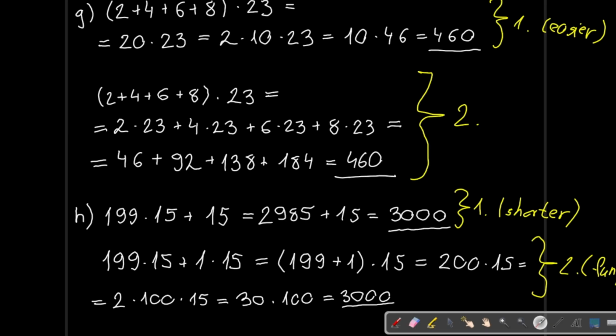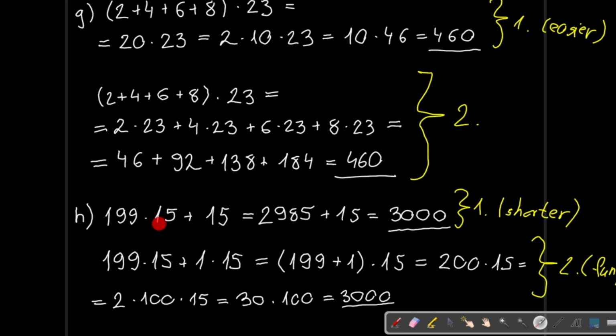But yeah, using the distribution rule here, we got a very simple expression under the bracket that gave us 200, and multiplying 200 by 15 was much easier than multiplying 199 by 15. Again, what basically says here is we have 199 number 15s, and then one more number 15, so that the total is 200 number 15s.